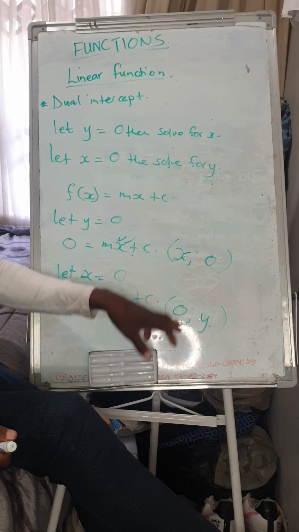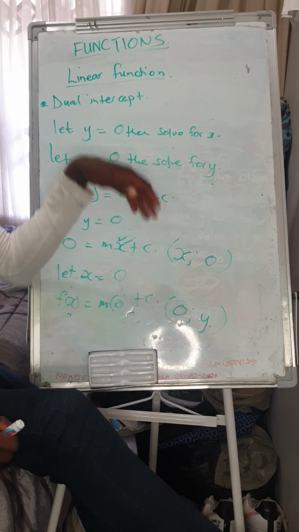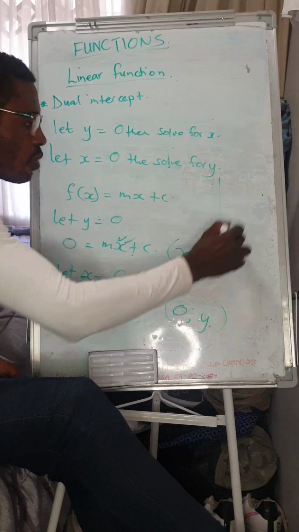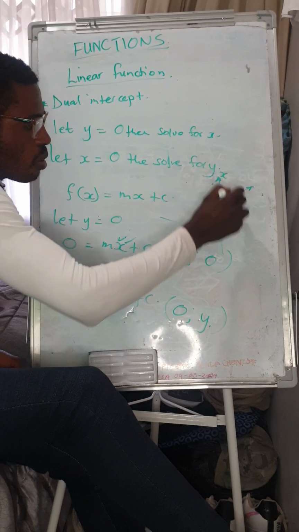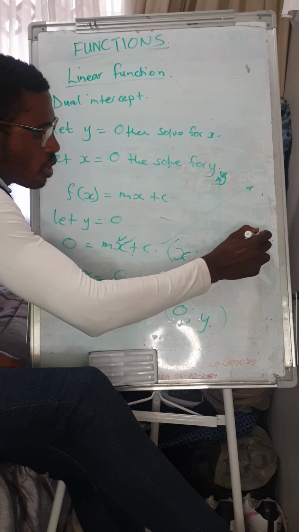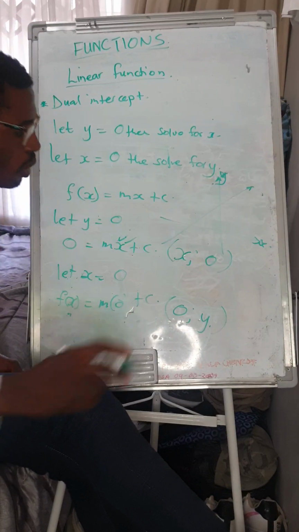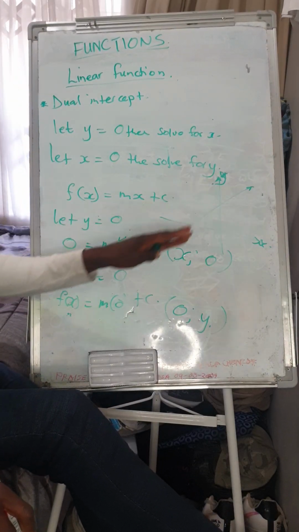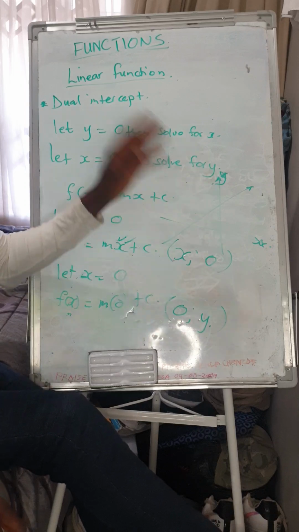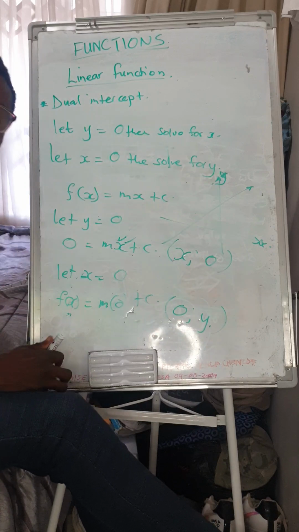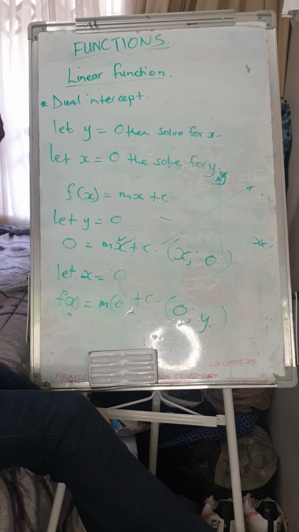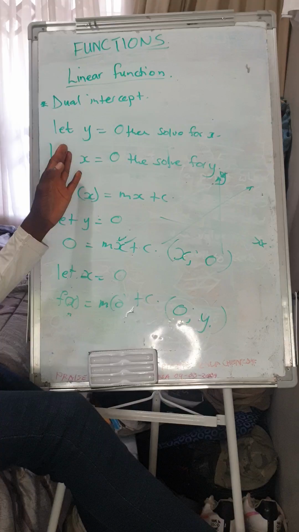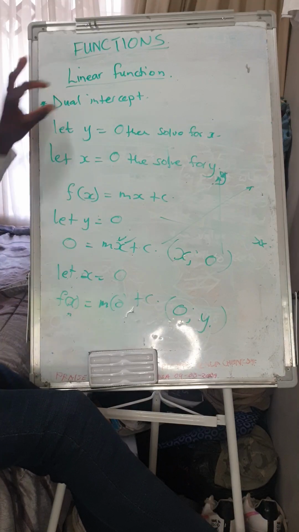Now you have these 2 points. Now you can sketch your graph, and then there we go, your graph. Your graph may be positive, may be negative, depending on what is given in the equation. So, right, that is that. I think I've explained the dual intercept method.